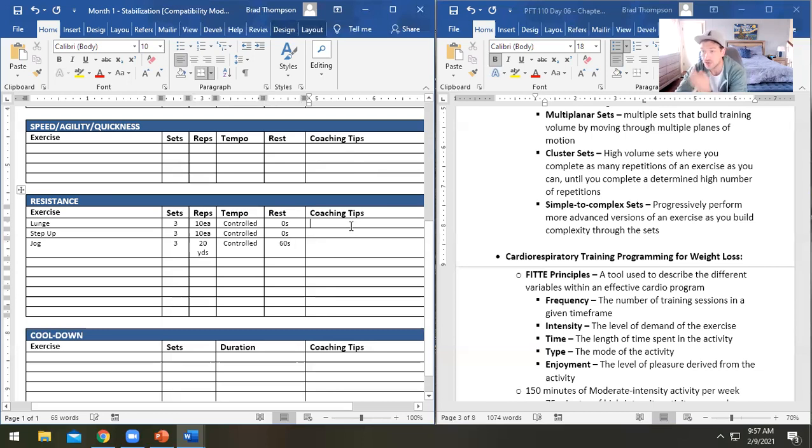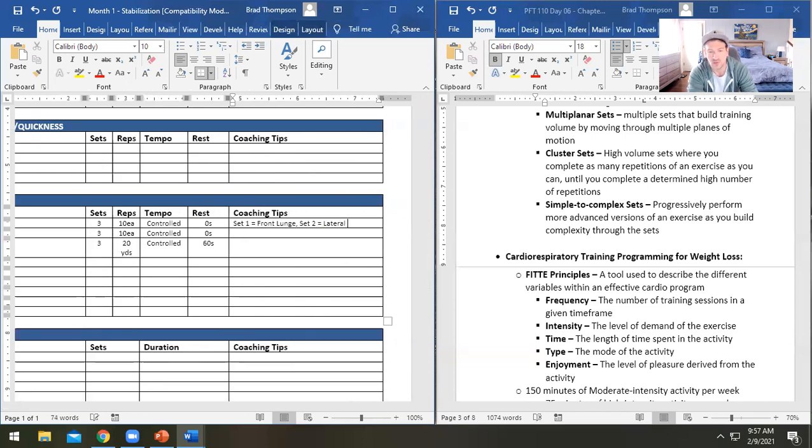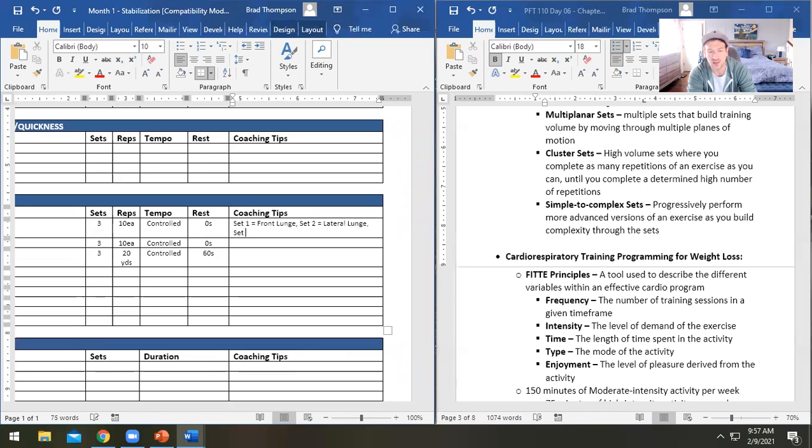But here's the thing. In the coaching tips, I'm going to say set 1 is a front lunge. Set 2 is a lateral lunge. And set 3 is going to be a curtsy lunge.